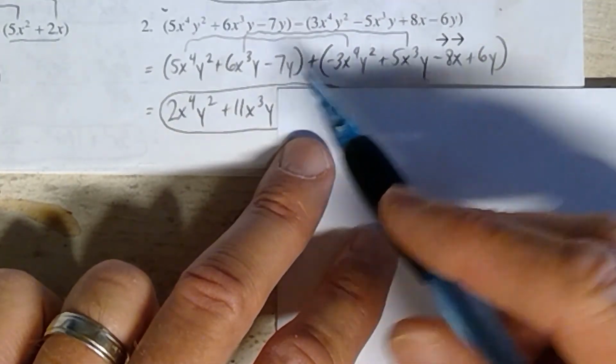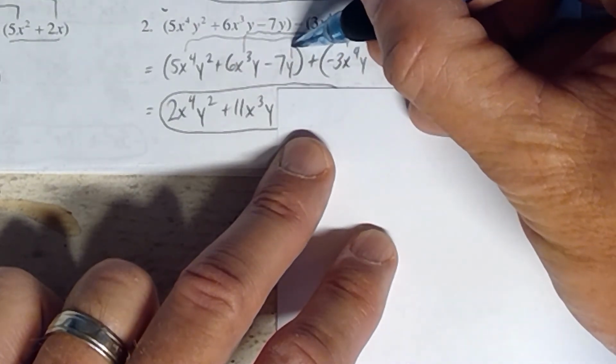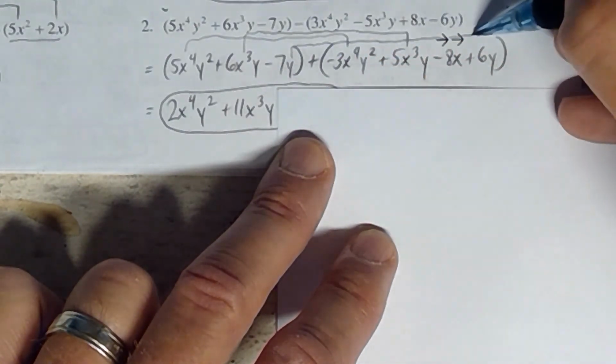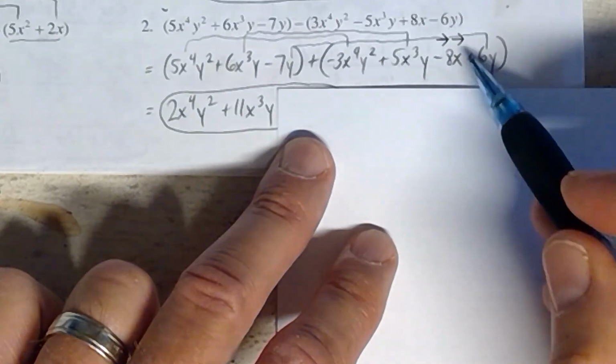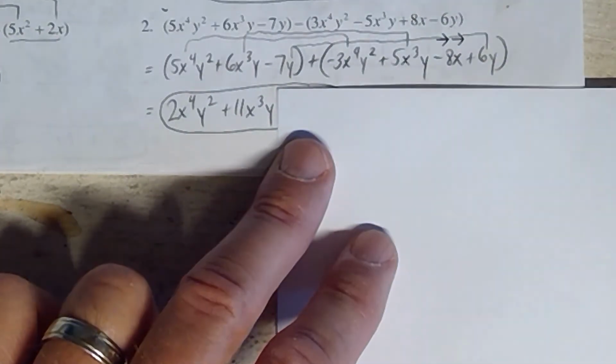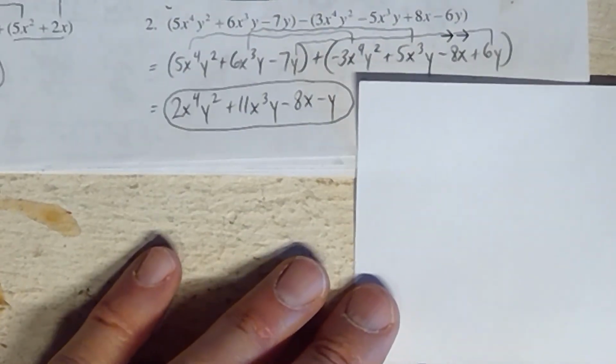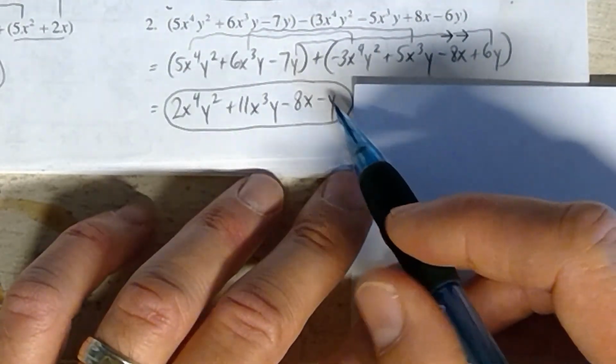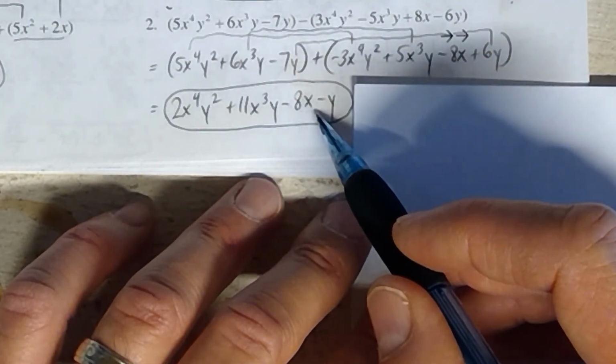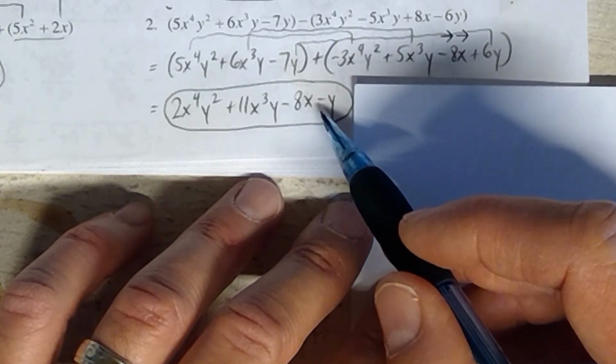So I'm going to go ahead and do the 7y and the 6y. Negative 7 plus 6 is negative 1y. Oh, excuse me, I wrote this down earlier, and so I went ahead and did the 8x first. Again, like I said, it doesn't matter.